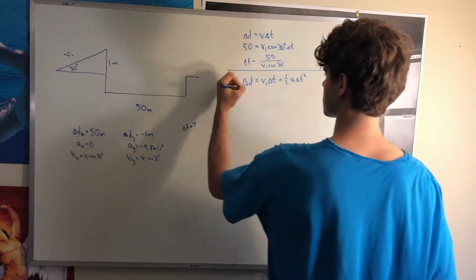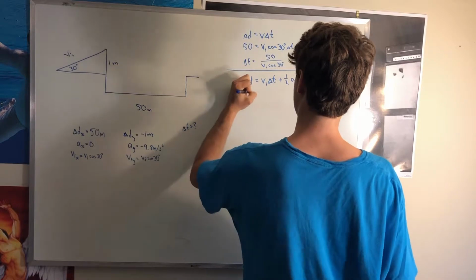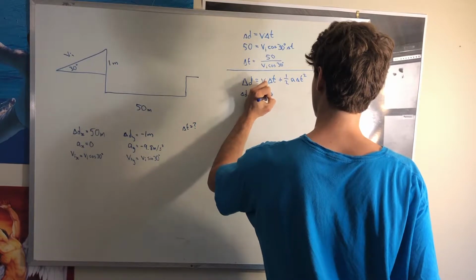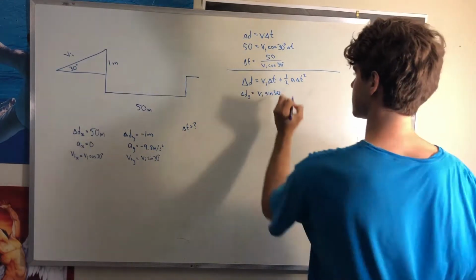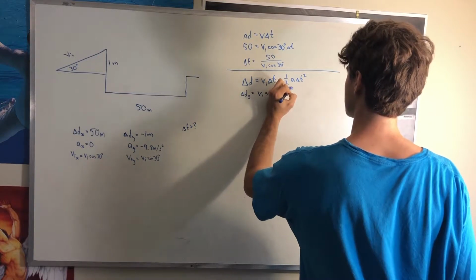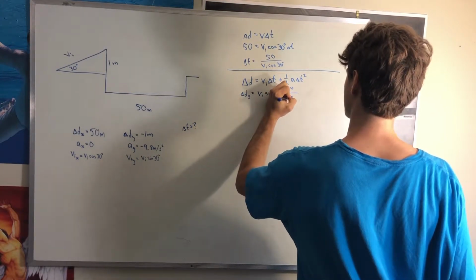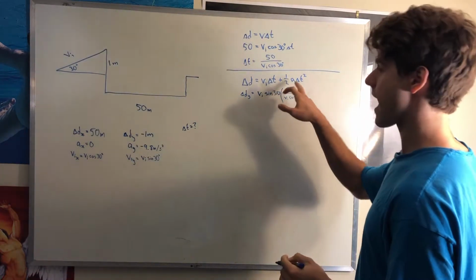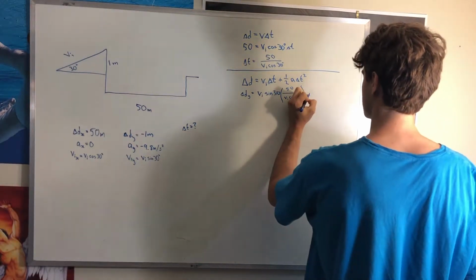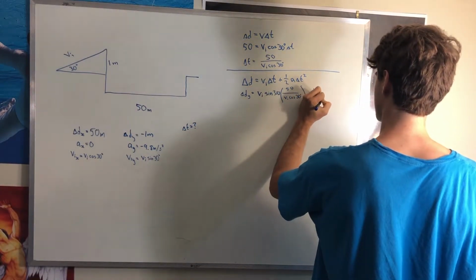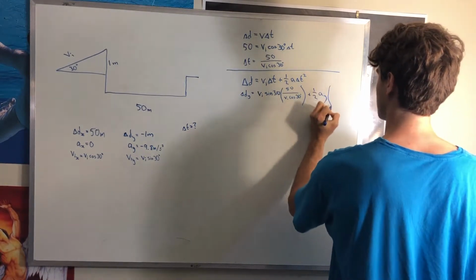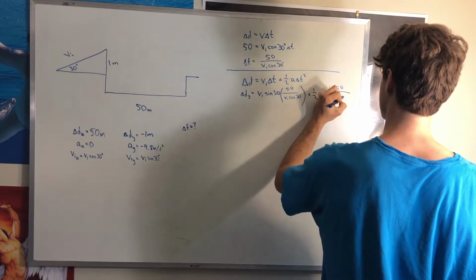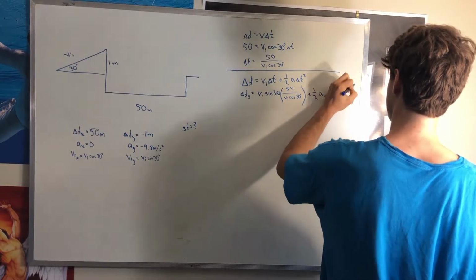So delta d, I'm just going to keep it as delta dy for now. viy is vi sine 30, and delta t we can sub in, that is 50 over vi cos 30, and then plus 1/2 of acceleration along the y-axis, and then that's all delta t squared. So again, 50 over vi cos 30 squared.